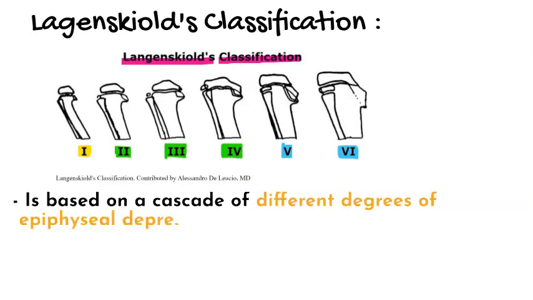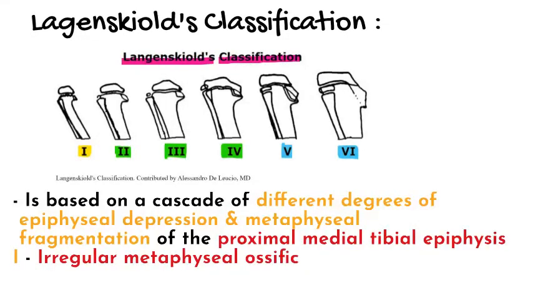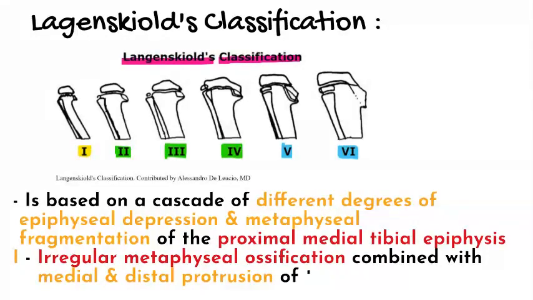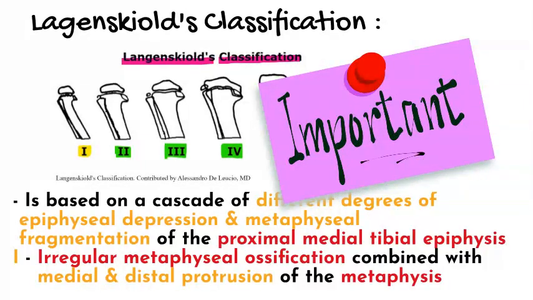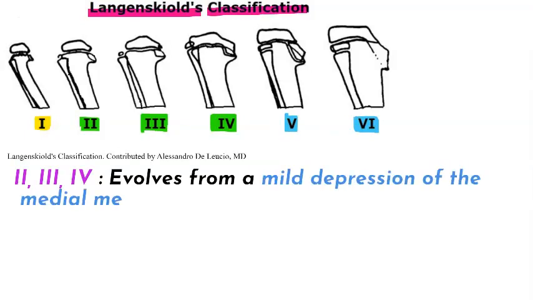It is based on a cascade of different degrees of epiphyseal depression and metaphyseal fragmentation of the proximal medial tibial epiphysis. 1, irregular metaphyseal ossification combined with medial and distal protrusion of the metaphysis. 2, 3, 4 evolve from a mild depression of the medial metaphysis to a step-off of the medial metaphysis.